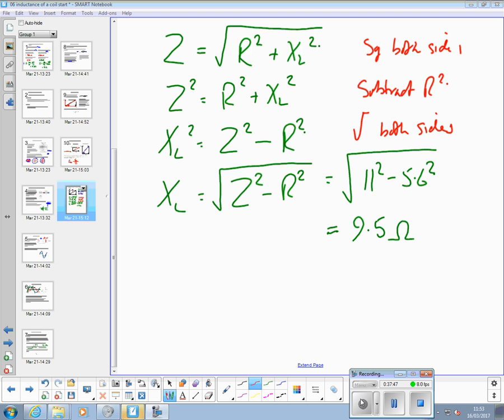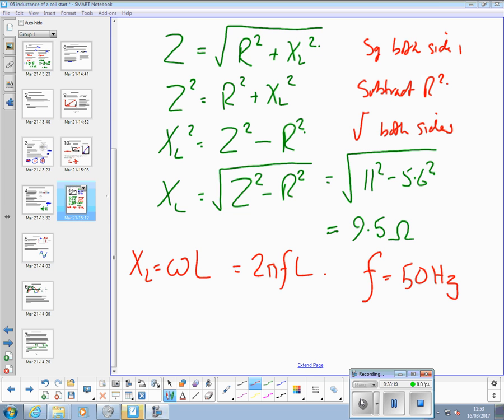XL is equal to omega L is equal to 2 pi FL. Frequency 50 Hertz, because that's mains, that's going to be certainly within 0.5% of that in this country.